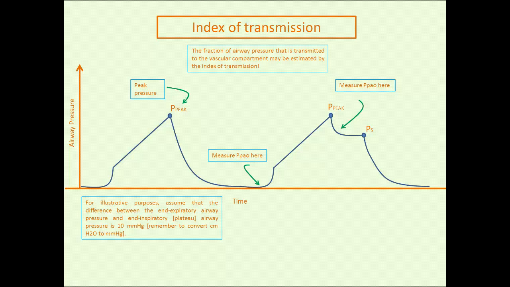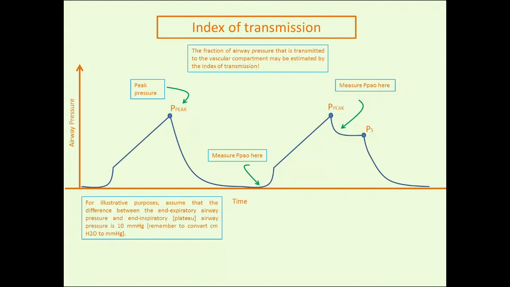And for illustrative purposes, let's say that the difference between your end expiratory and end inspiratory airway pressures, again measured at the proximal trachea by the ventilator, is 10 millimeters of mercury. Now remember, the pressure that you get off the ventilator is in centimeters of water, so you'd have to make that calculation in your head.